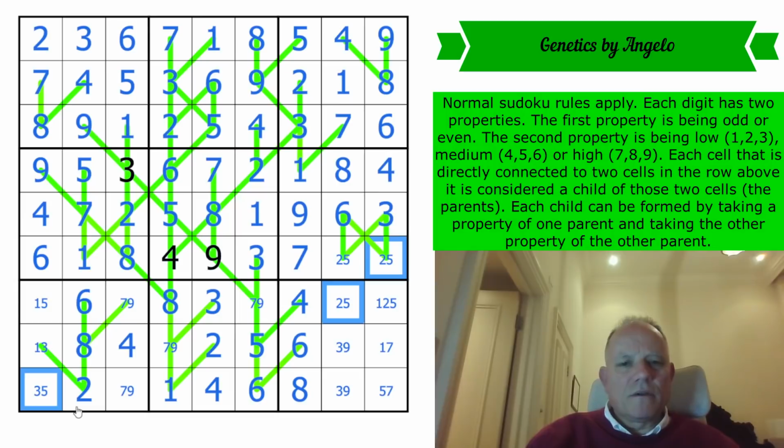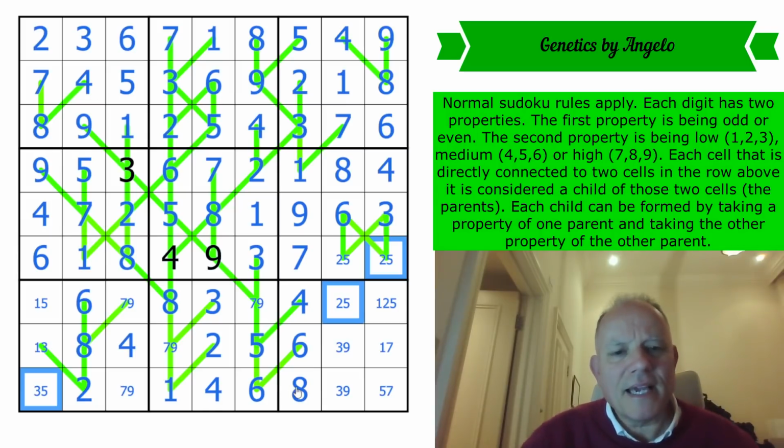Then it doesn't look good. I don't think that's right because it would give me a deadly pattern here. So what's wrong with 5s in those positions? You get 7, 1, 2, 1, 3, 9, 3. What am I missing here?